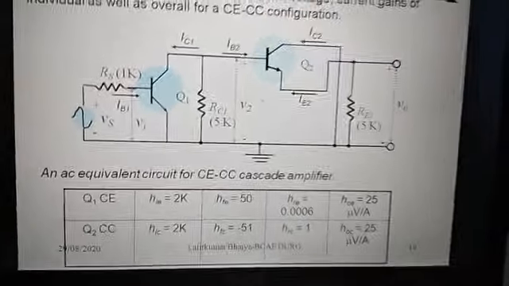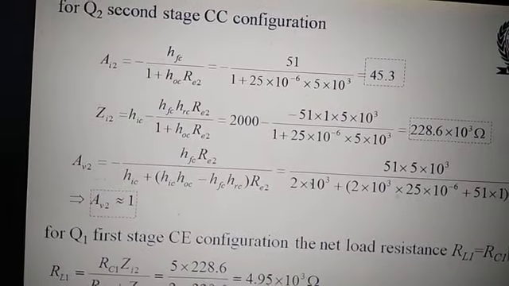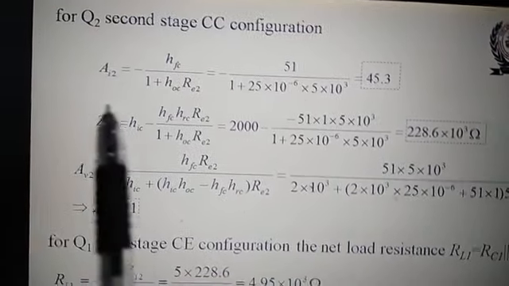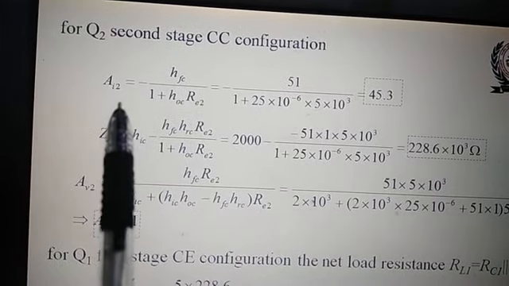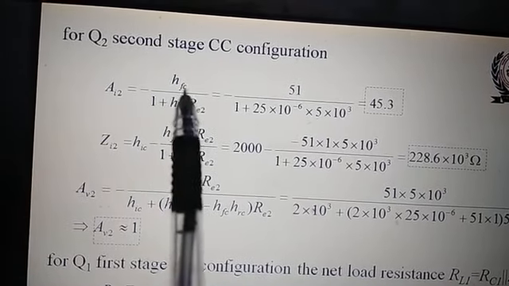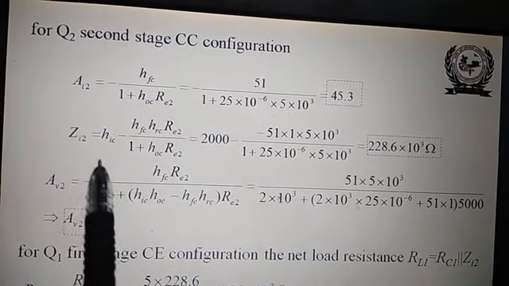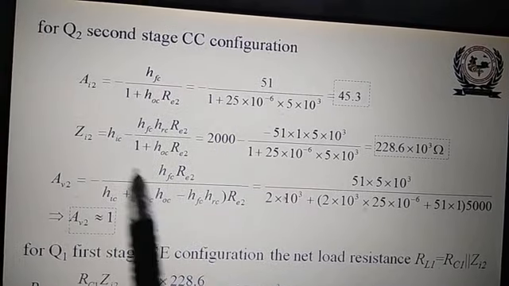So these are the parameters of the two-stage amplifier, and this is the analysis. You can go through the analysis. No need to explain here. First we calculate AI2 according to the formula. This is the common collector stage. Then calculate ZI2, the input impedance of the second stage, that is the common collector stage.